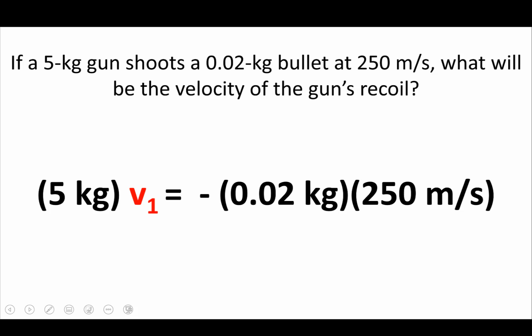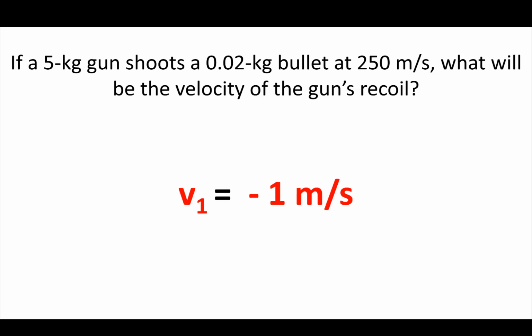So, the 5 kilogram gun, we want to know how fast it's going. It shoots a .02 kilogram bullet at 250 meters per second. We plug in the numbers, we simplify, and it turns out that the recoil velocity of the gun is negative 1 meters per second. So that's how fast the gun recoils.